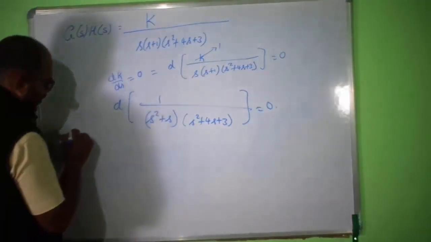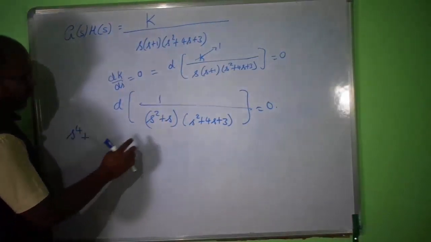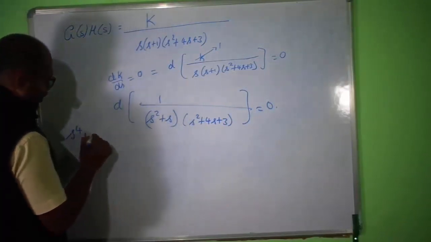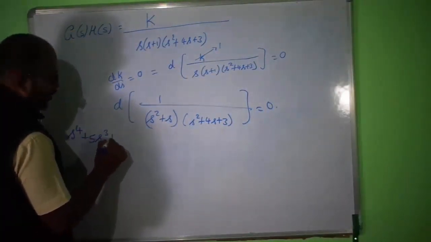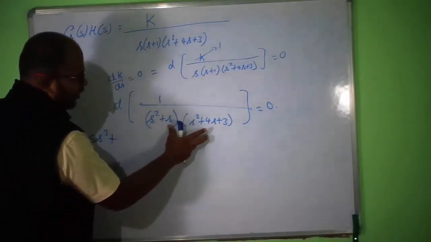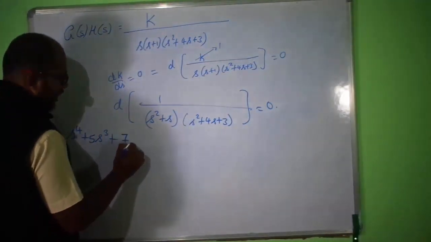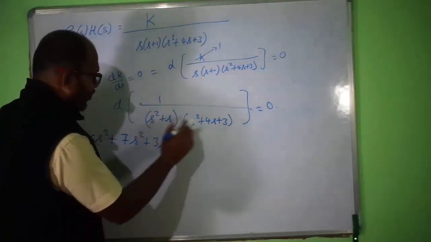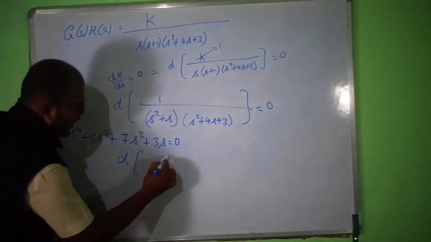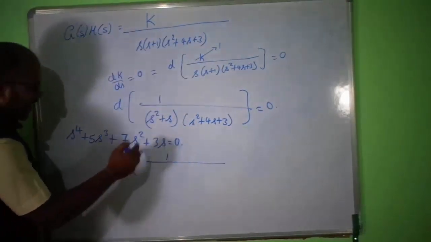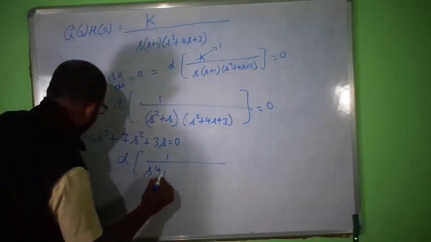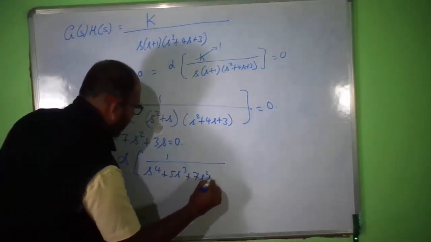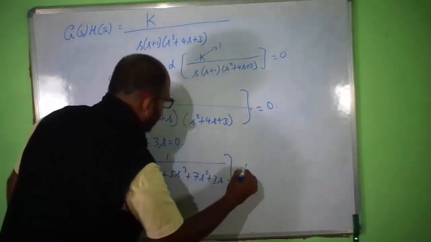What is s square into s square? It is s power 4 plus 4s cube. Again you will be getting s cube over here, that is 5s cube, plus 3s square plus 4s square, which is 7s square plus 3s, equals 0. So it is d of 1 divided by s power 4 plus 5s cube plus 7s square plus 3s, equals 0.